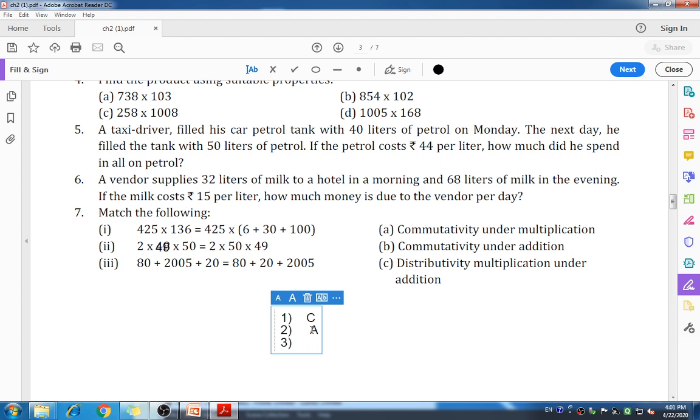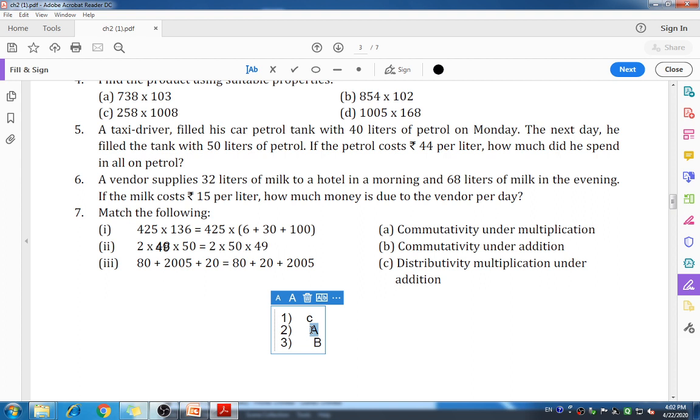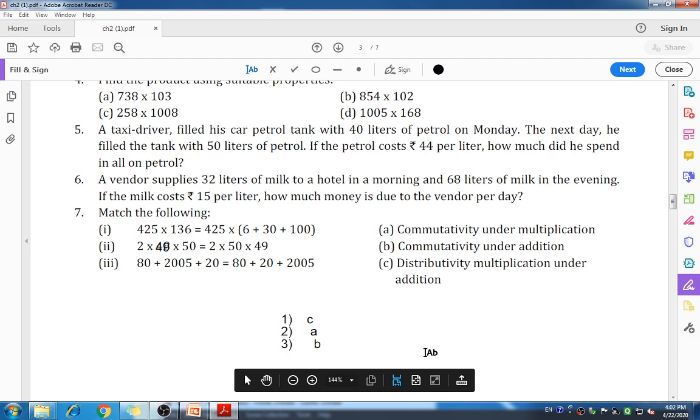So this is B. Okay. The first one is C, the second is A, and the third is B. Okay. Do you get this answer?